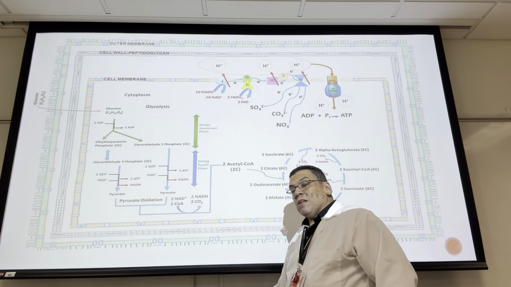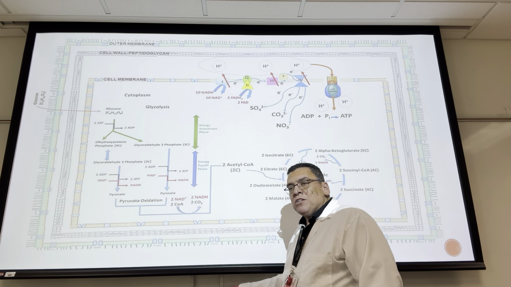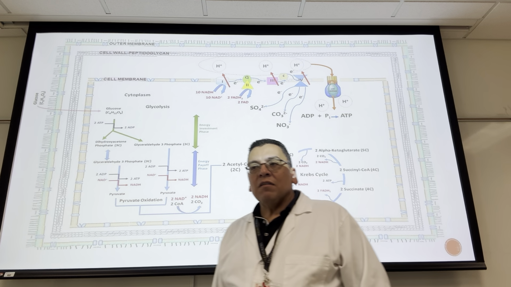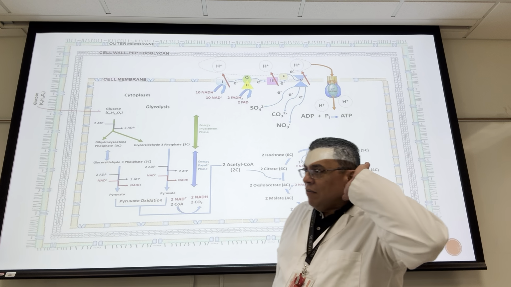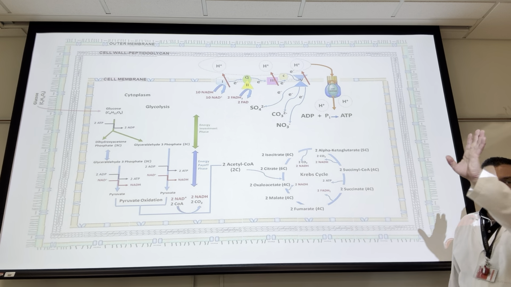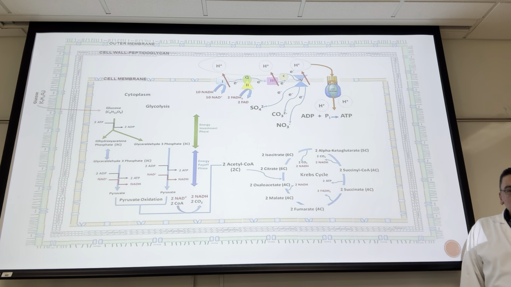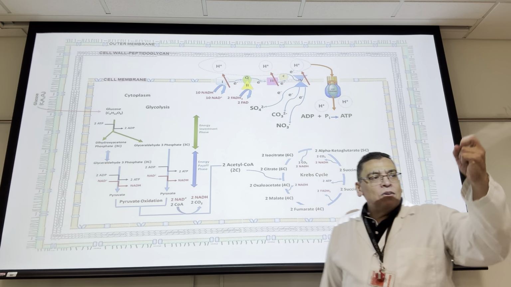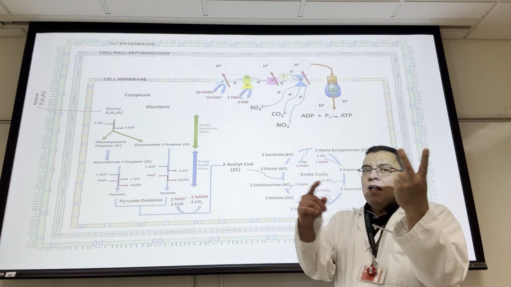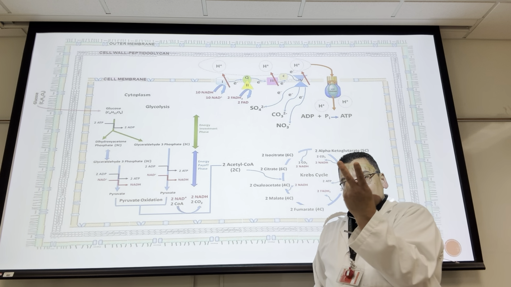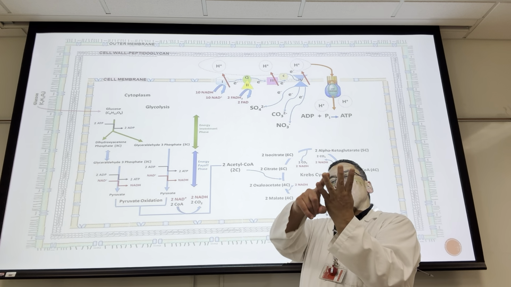So at this point, how many NADHs do I have? Total NADHs. 10. Tell me where they're at. Break them down. 2 in the glycolysis. Good. 2 pyruvate oxidation.